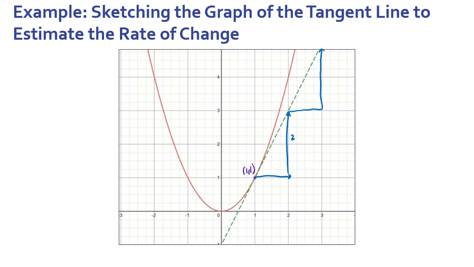So the change in y is 2, the change in x is 1. So we can estimate that that rate of change is about 2 units. Now this obviously isn't specifically accurate. We're eyeballing it. We're going to get into how to actually find a derivative, which is going to give you that specific rate of change in future sections. So we'd say the rate of change is 2.